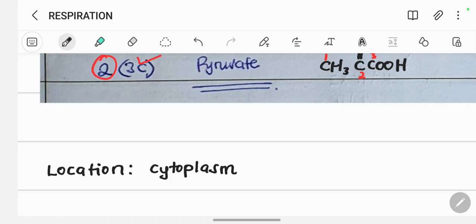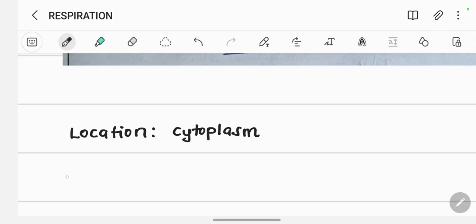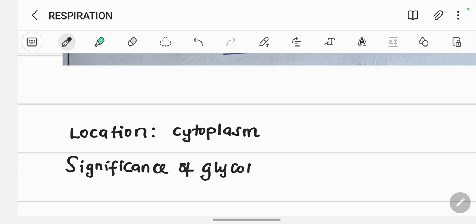Then what else should we add on? Significance of glycolysis.